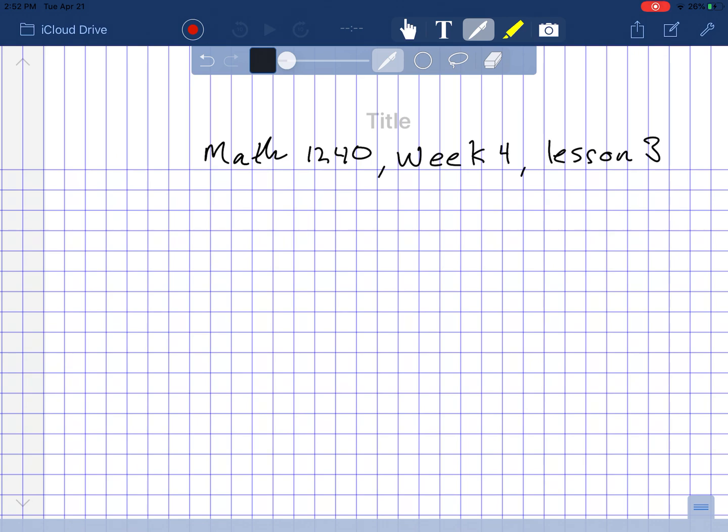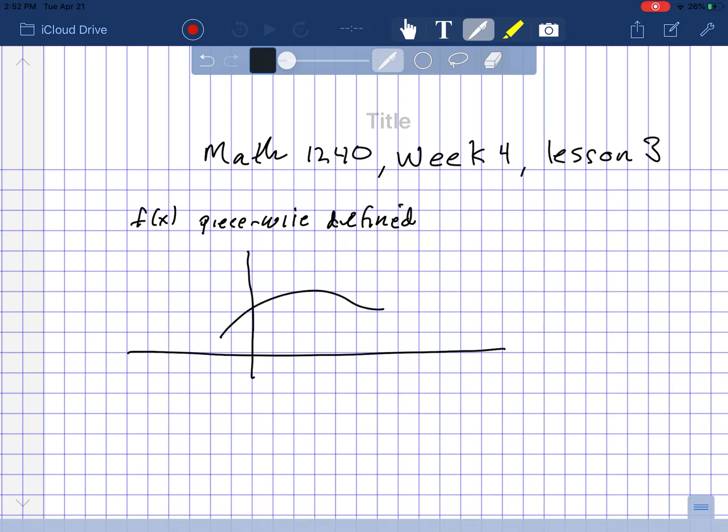So we were looking at functions f of x that are piecewise defined, meaning that a lot of times these piecewise defined functions have a graph that has a jump in them, some sort of jump at some point that I'm going to call a, all right?